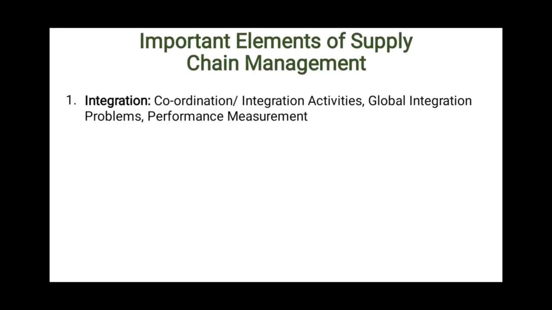First one is integration. As with any project, planning is essential for long-term success. Part of good planning is setting up integration, which means that everyone involved in the manufacturing process communicates, and the separate divisions work as integrated teams together to make sure the product gets to the distribution phase.